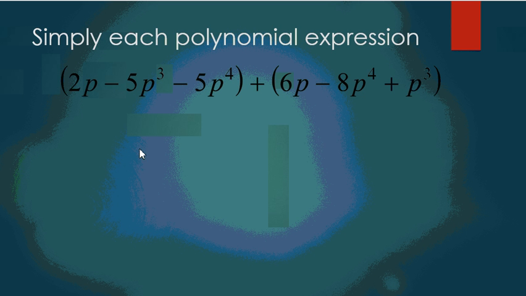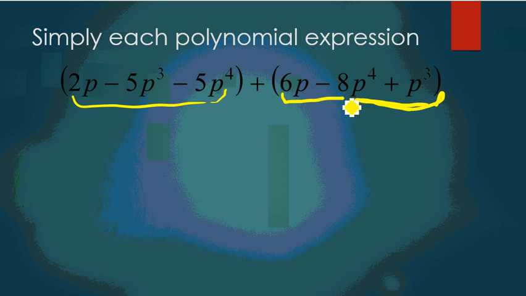In this example, we need to simplify each polynomial expression. So that means we need to look at, here's my first polynomial, here's my second polynomial, okay? And I need to look at what I'm doing with them. I am adding them together. So that just means that I get to take this one as it is.